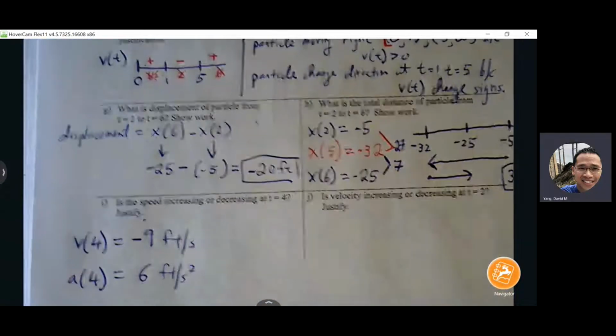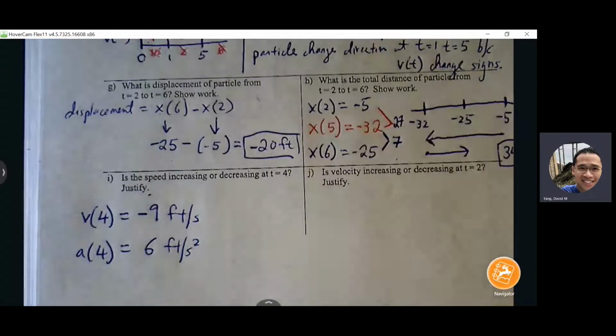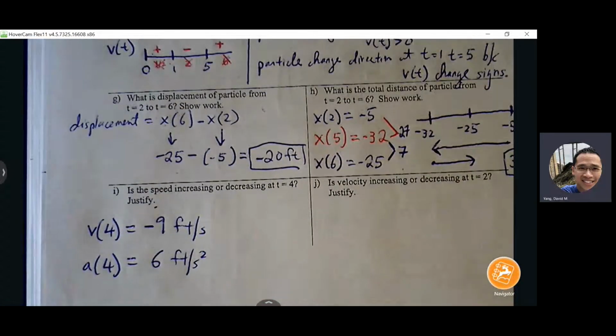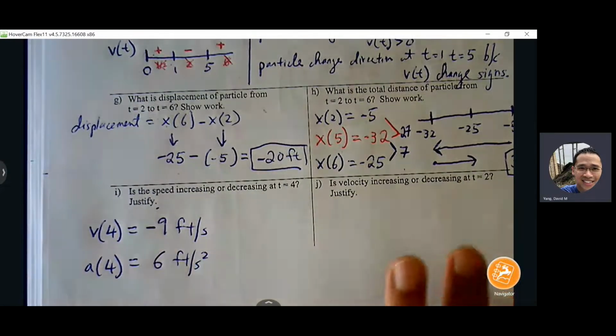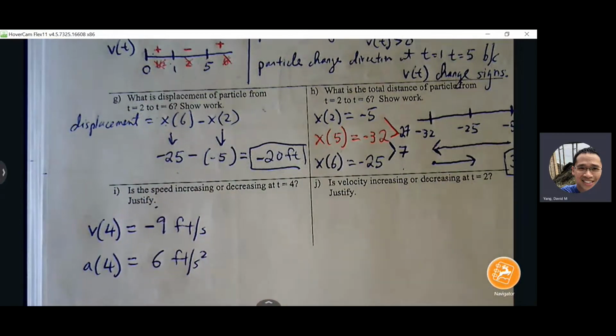The importance is that one is negative and the other is positive, which means that speed is what? Say it again? Decreasing. Good. So if they have opposite signs, your speed is decreasing. If they're both the same sign, then it's increasing. If these are both negative, it's increasing. If they're both positive, it's also increasing.